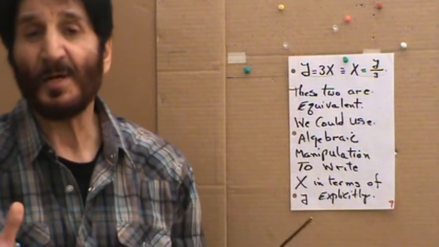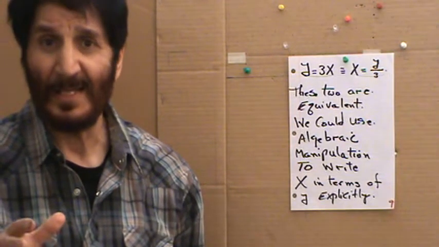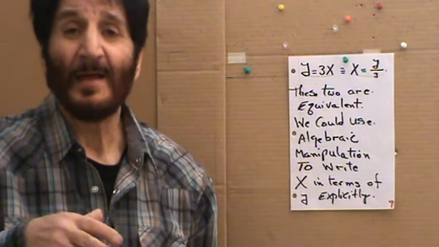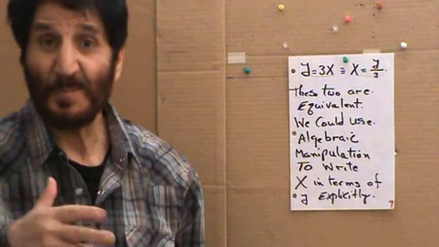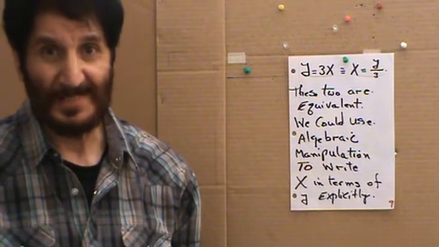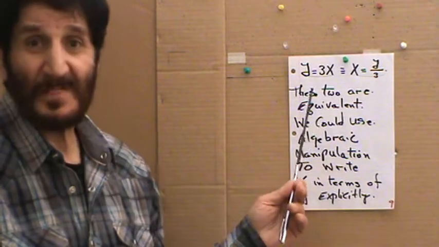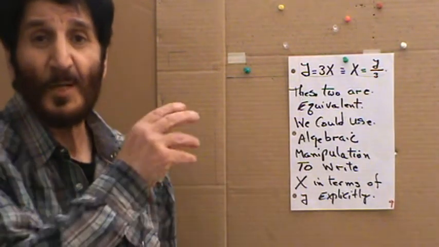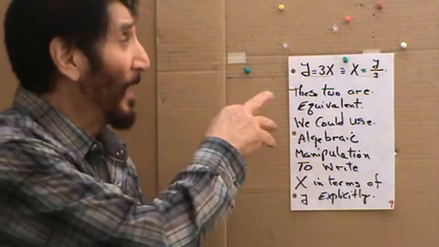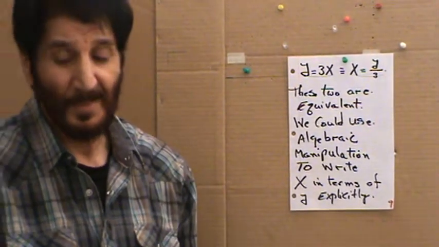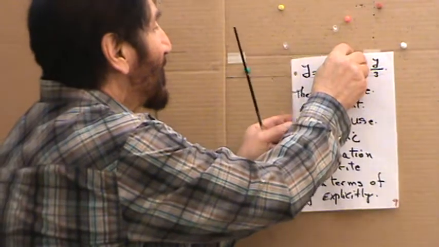There are cases also where we could not separate x and y so that we can write x explicitly in terms of y. Then what do we do in those cases? Again, I repeat myself here, we could do algebraic manipulation to bring about equivalence between them, but what if we couldn't do that? Okay, we are going to discuss that one as well, what we could do in that case.